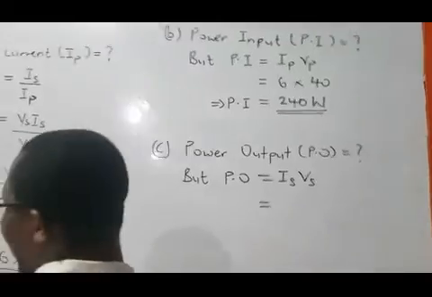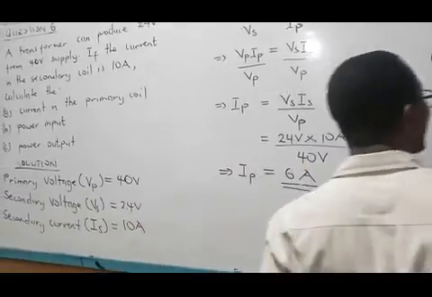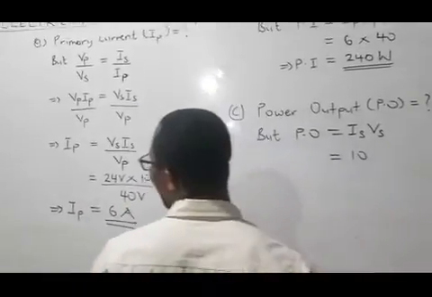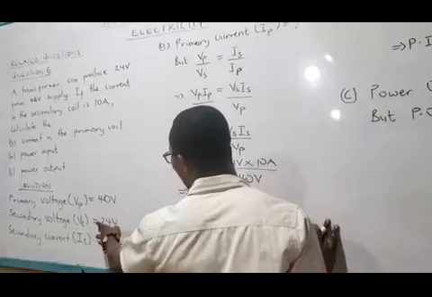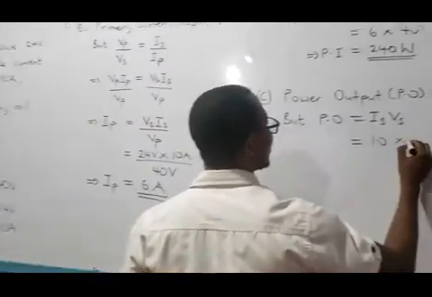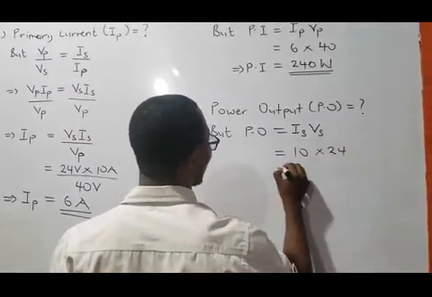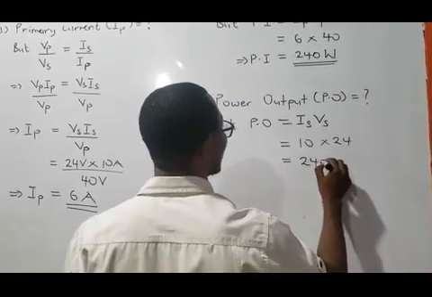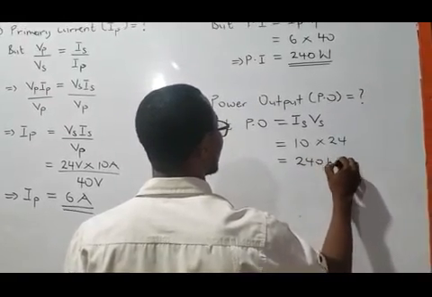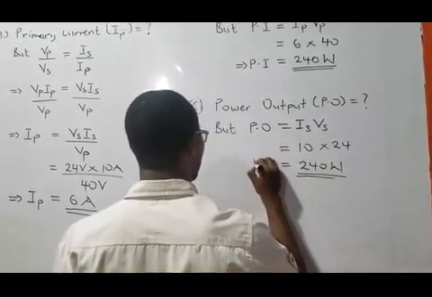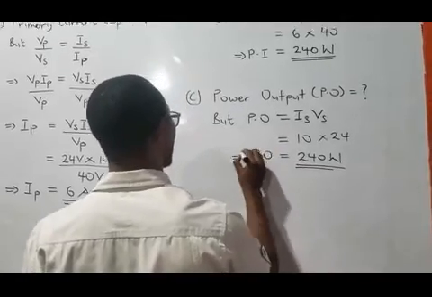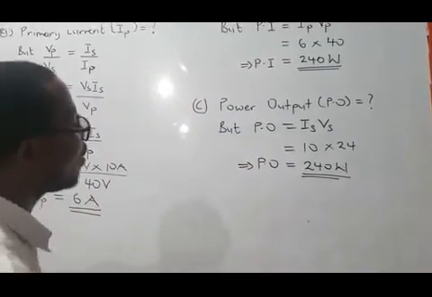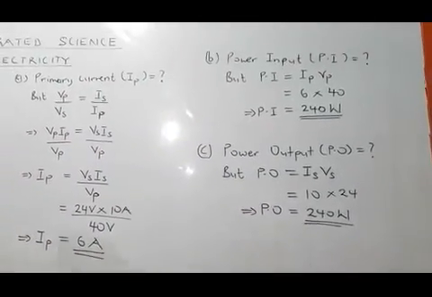The secondary current was given as 10 amperes, and the secondary voltage as 24. 10 times 24, and that is equal to 240 watts. So you have the power output also being equal to 240 watts.